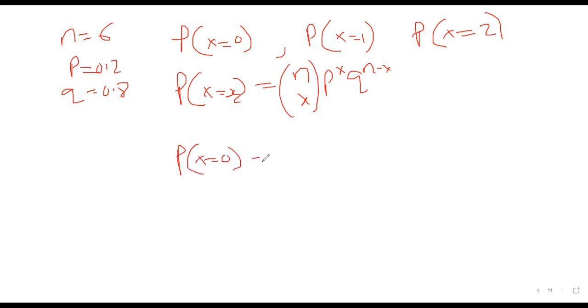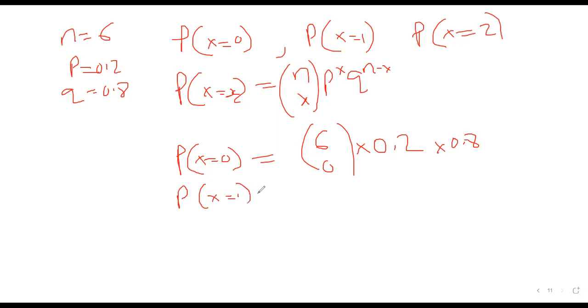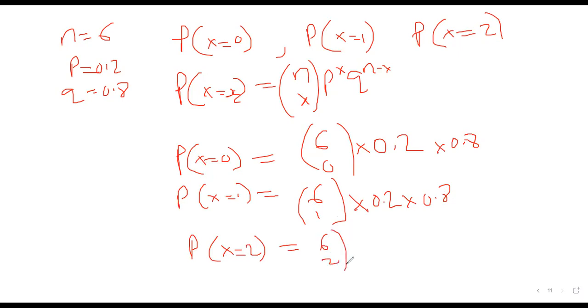We're just using the same formula here: 6 combination 0, times p, 0.2, to the power 0, q, 0.8, to the power 6. Then x equal to 1: 6 combination 1, 0.2 is our p, 0.8 is our q. And also x equal to 2: 6 combination 2, 0.2 is our p, 0.8 is our q.